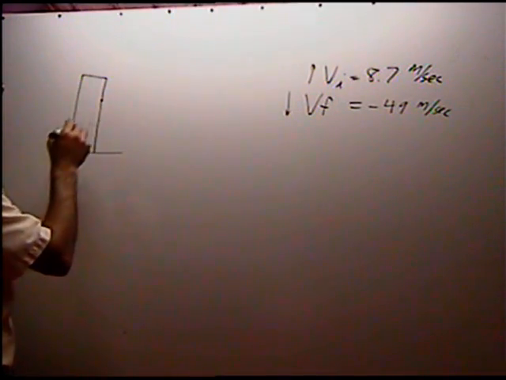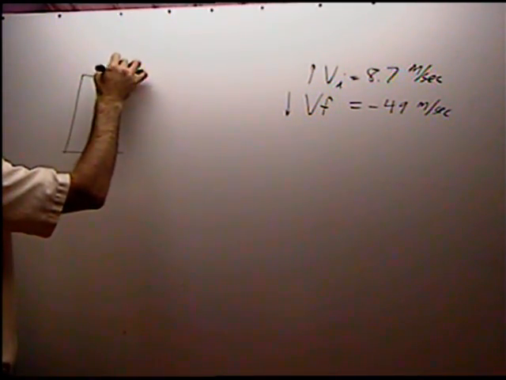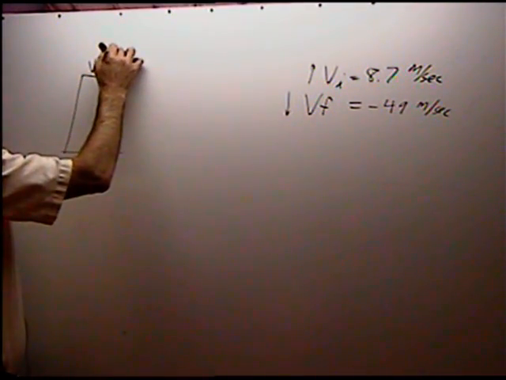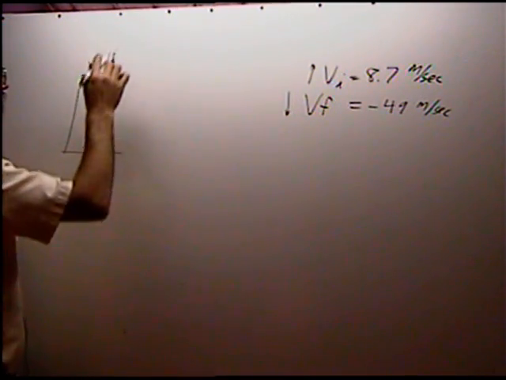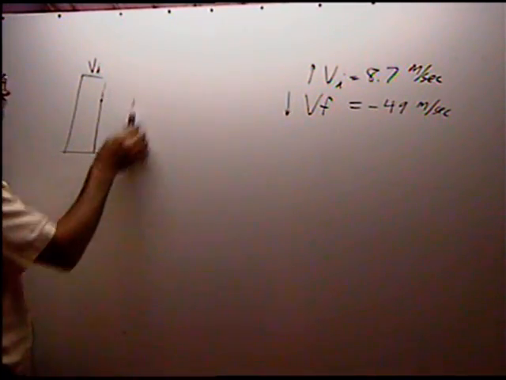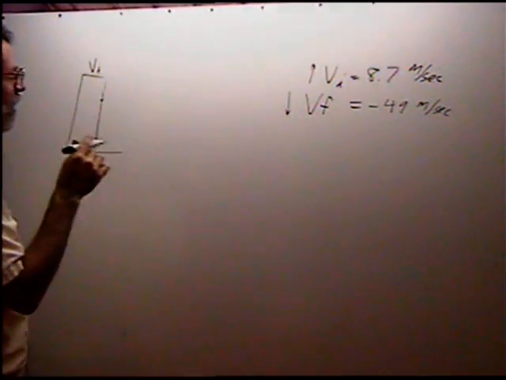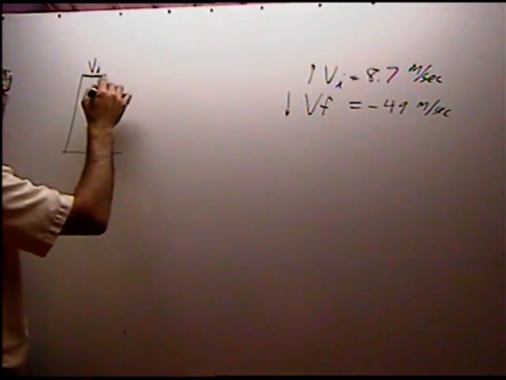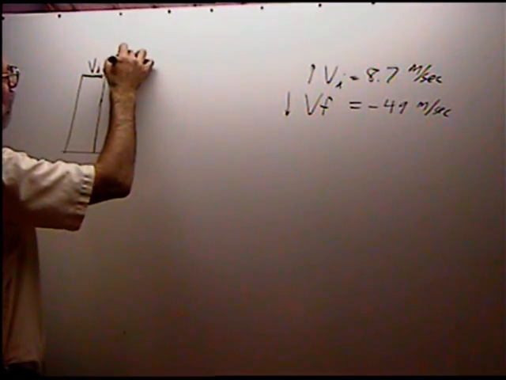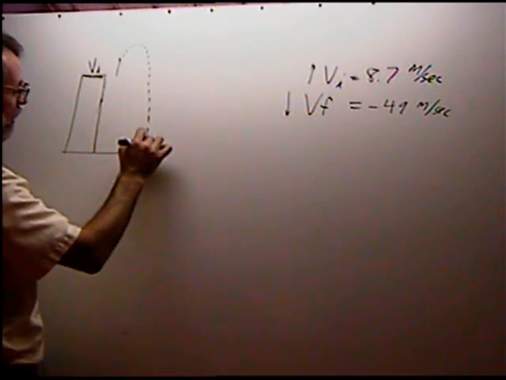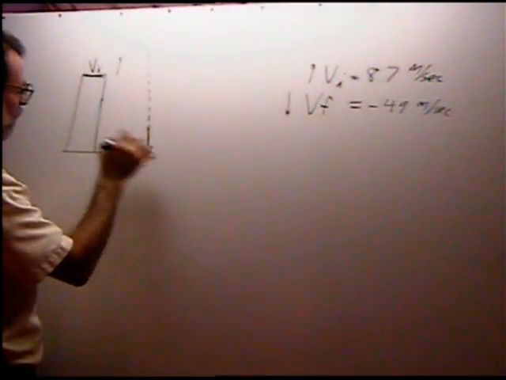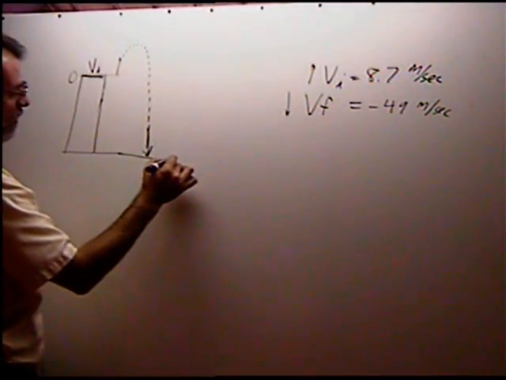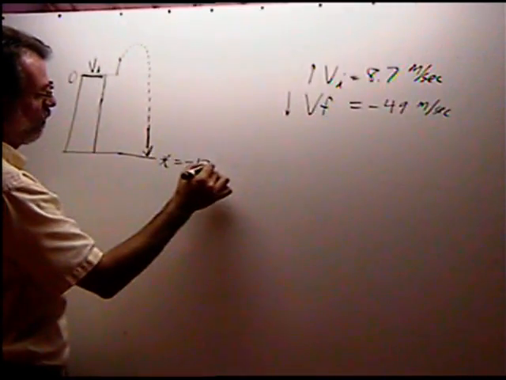Here's a cliff, and you have the initial velocity going up, the rock comes up, and the rock actually goes up and down in a straight line, but just for clarification, I'm going to give it a little bit of curving here. The velocity goes up, and then it comes around, and then the final velocity is down here at, if this is 0, minus x equals minus 120 meters.